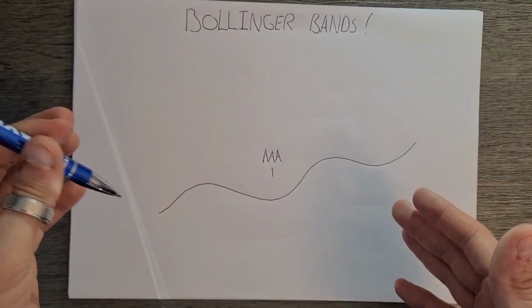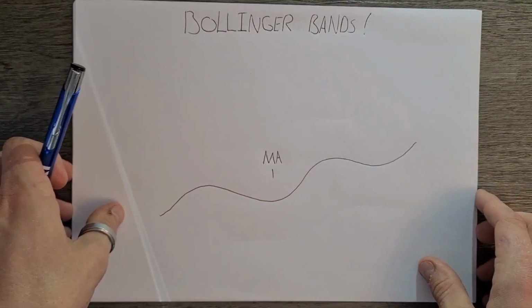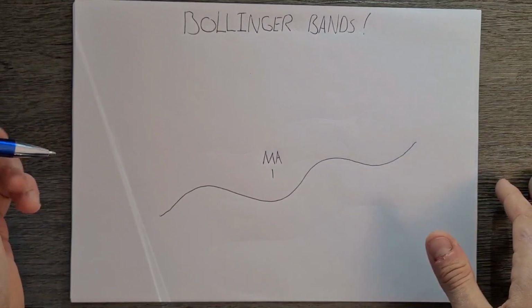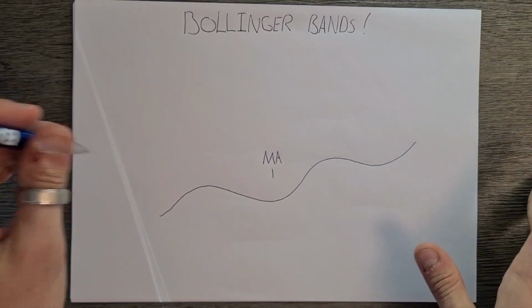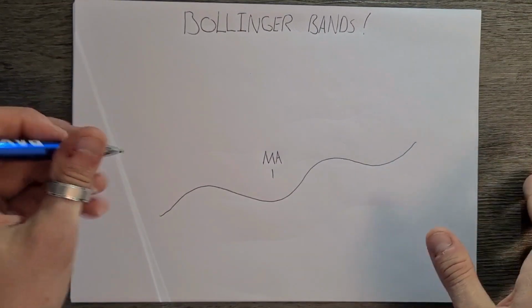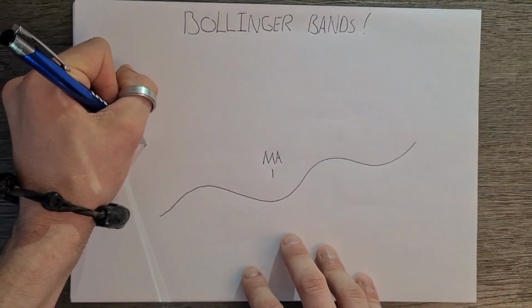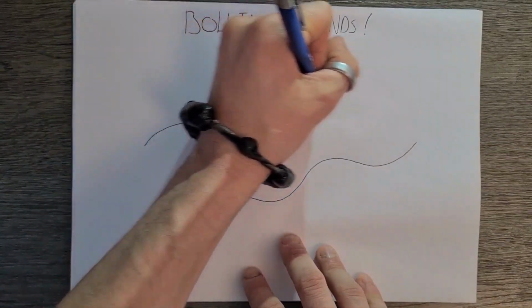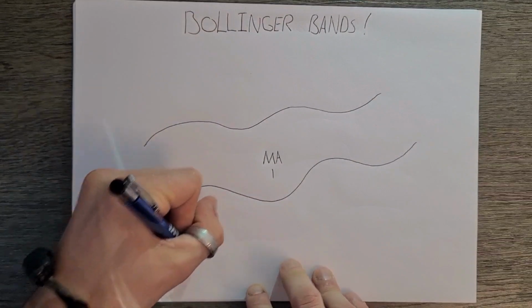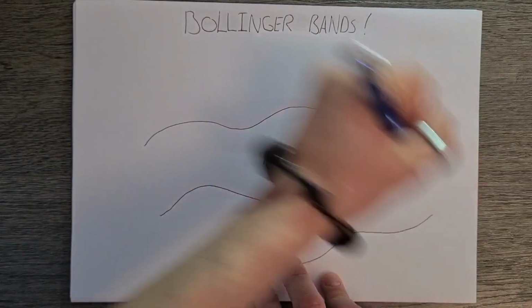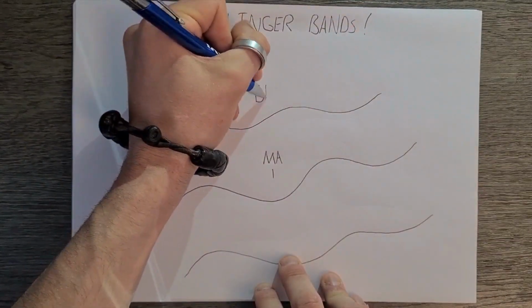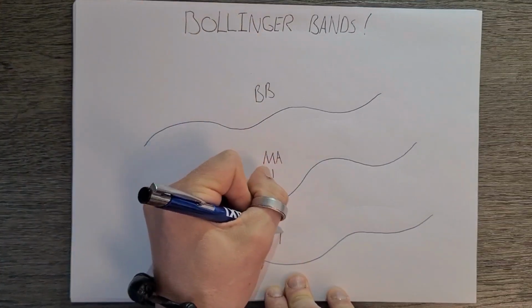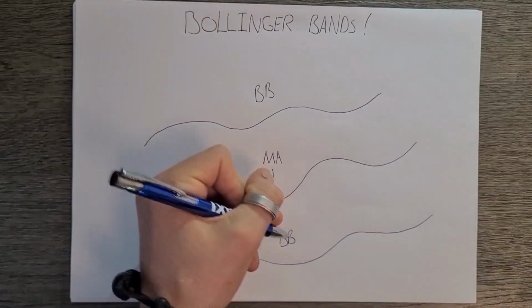Straddling that line, either side, are the Bollinger Bands. Now, there's 2 of these, and they're usually placed 2 standard deviations away from the moving average line. So we'll go here, like so, and then here. So Bollinger Bands, there.